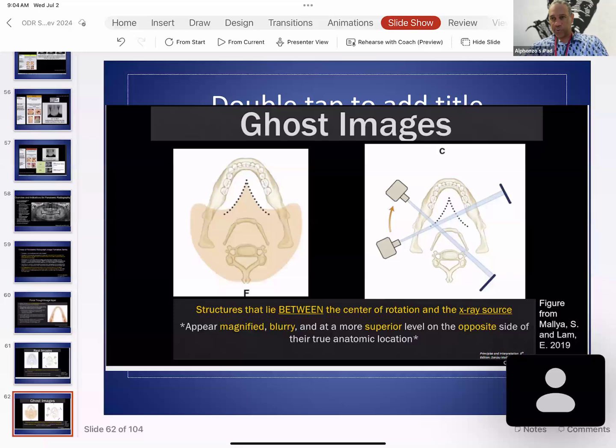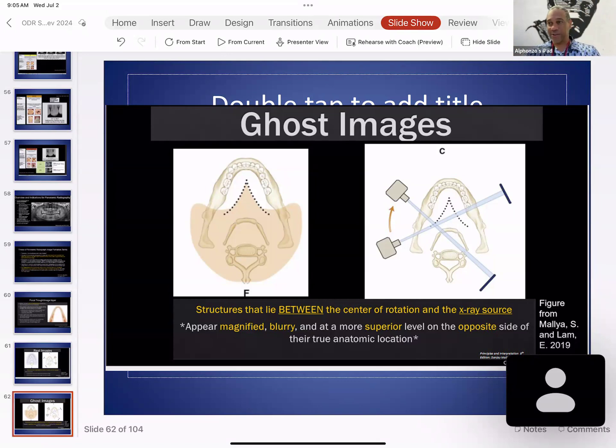Ghost imaging, you heard me say before: you get what you see on the left side. If you look at the actual image of the left side, you have ghost imaging from the right side on top of the left side. So whatever side you're looking at, you're going to have the ghost image of the other side.